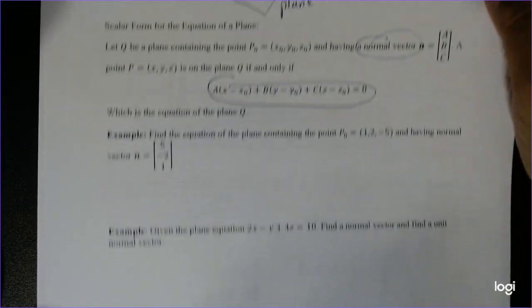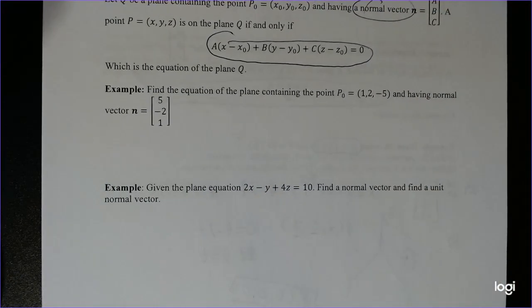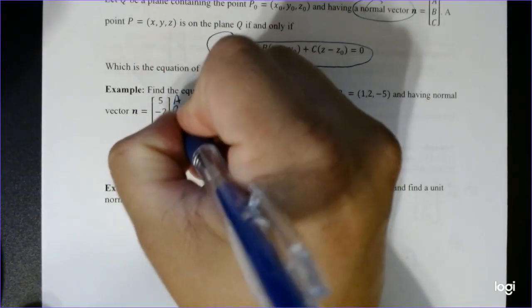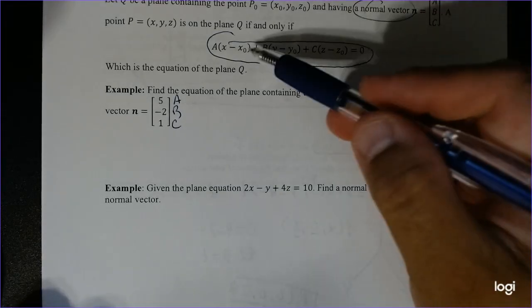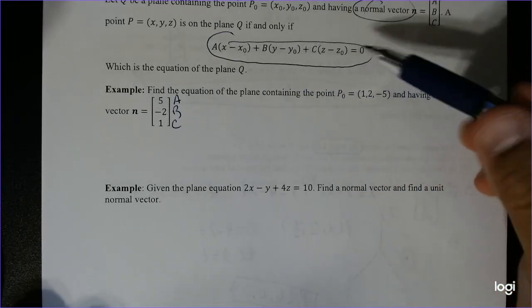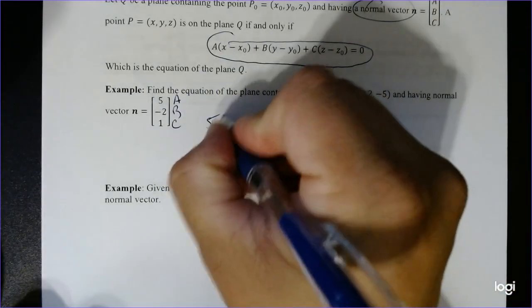All right, so let's try some examples on this. Find the equation of a plane containing the point P naught and having a normal vector n. So we don't have to find it. It's already given to us. And according to our definition, that's our A, B, C there. And our point is going to be x naught, y naught, z naught. So just following this format.